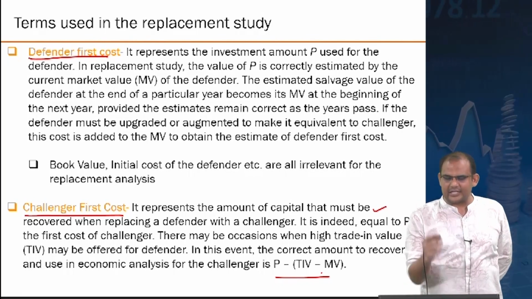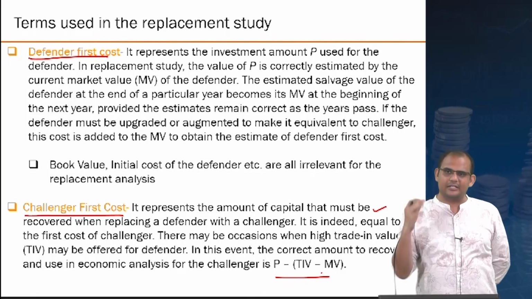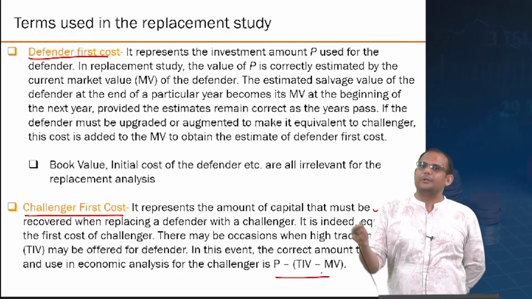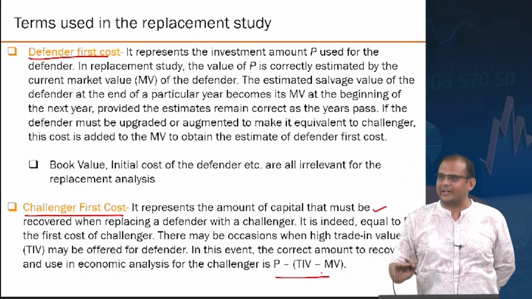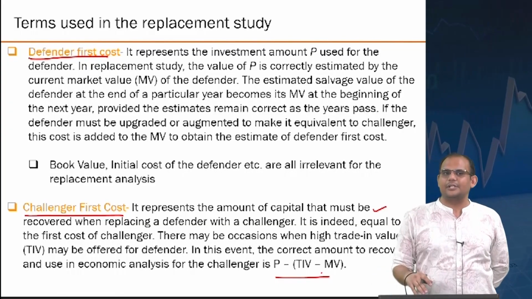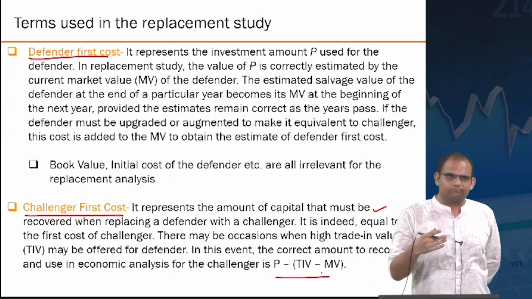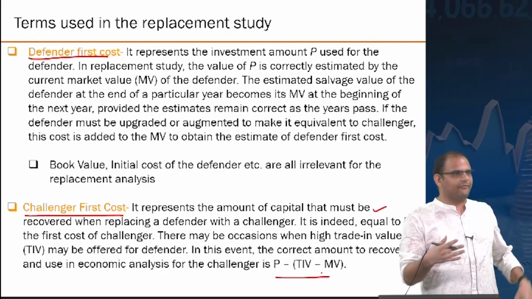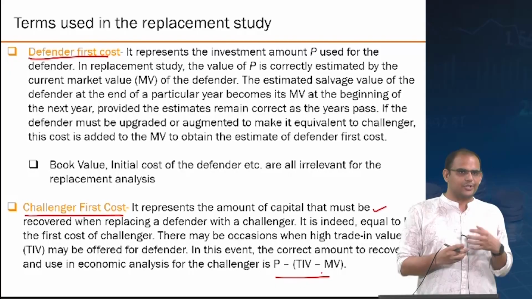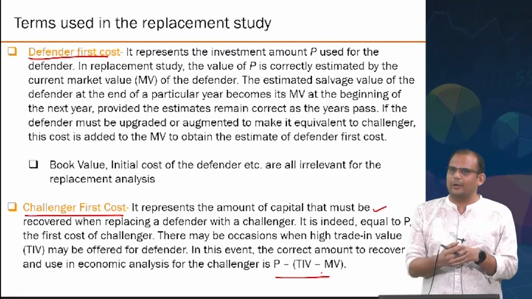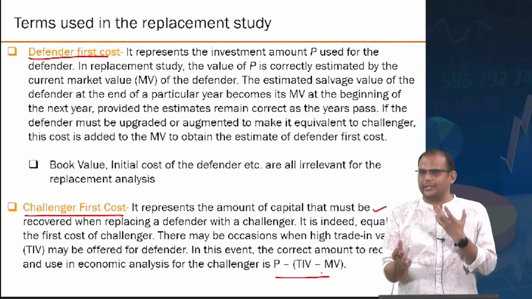And then also the defender's first cost, in case your challenger is, for example, a really new technology, so that the performance levels of the challenger and defender are significantly different. In that case, you may need to add some gadgets or functionality to your existing defender, and the cost of doing so should also be taken into account, so that you're comparing both on equal terms.